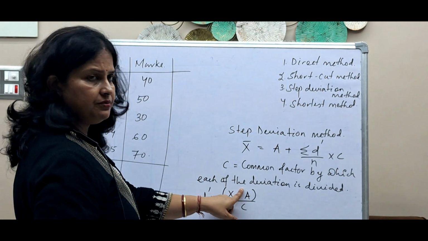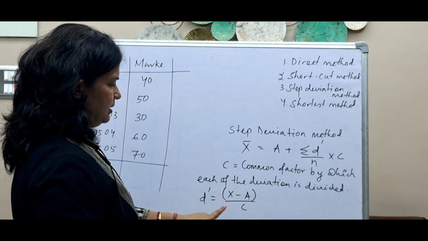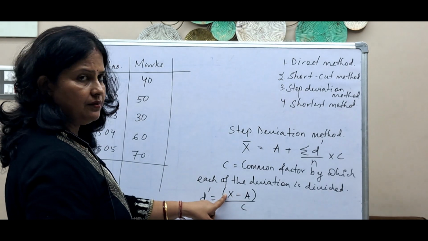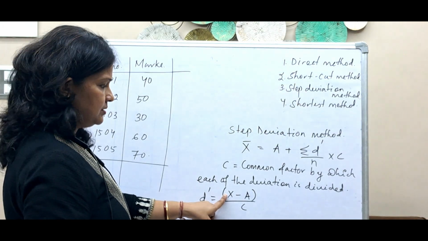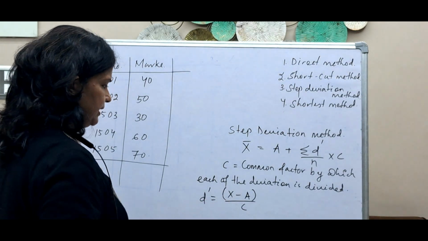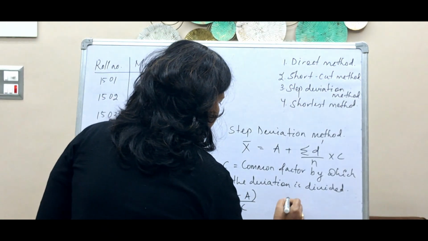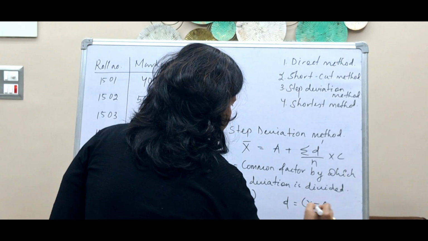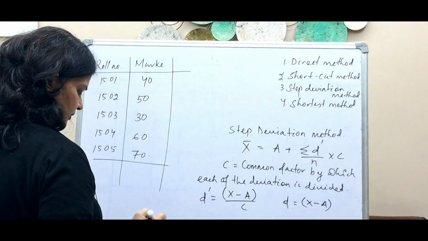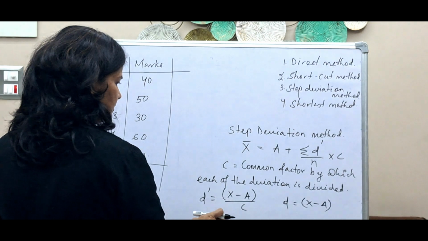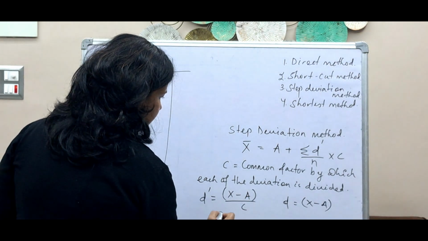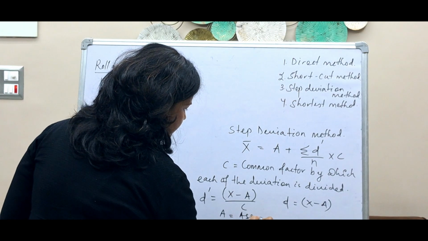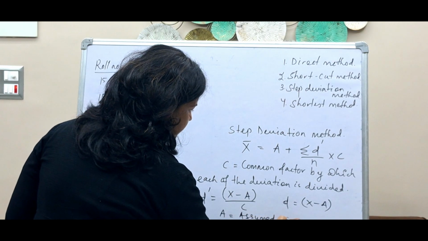We have assumed one mean, that is called assumed mean, and when we subtract the assumed mean from our data observation, that is called deviation. So d equal to x minus a, where a equal to assumed mean.